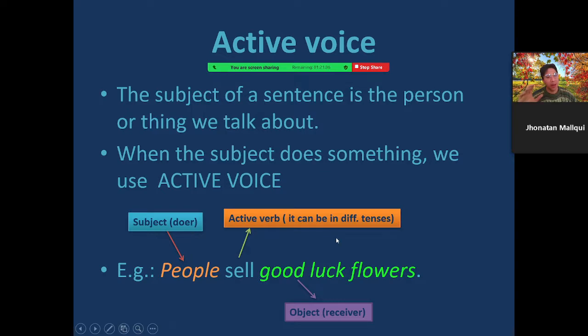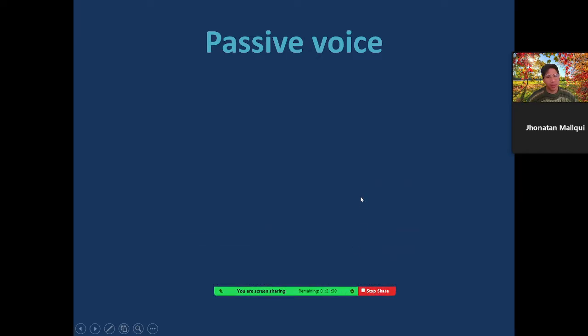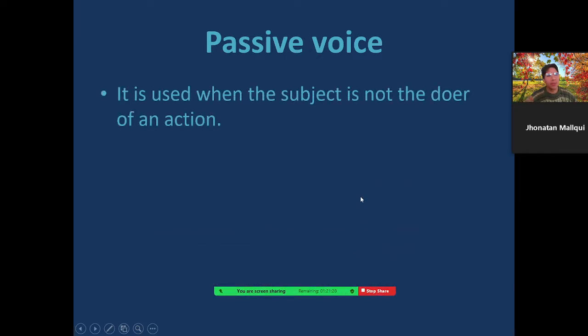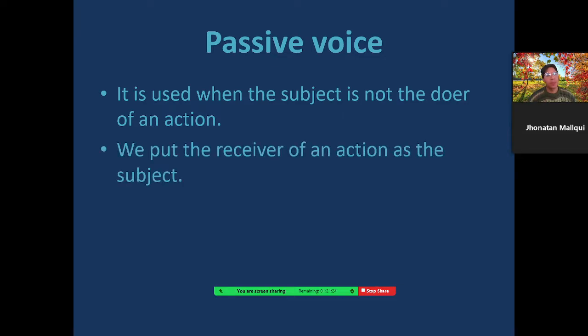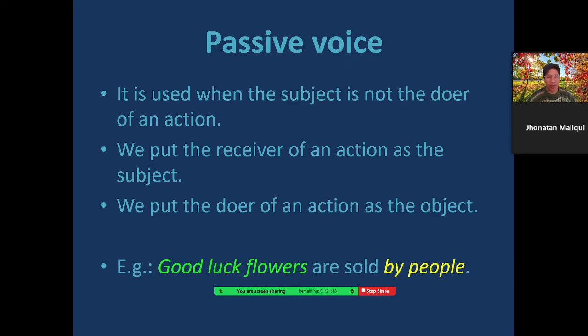And then we have the object, the receiver. And our topic, the passive voice, is used when the subject is not the doer of an action. We put the receiver of an action as the subject, and we put the doer of an action as the object. In this case, good luck flowers are sold by people.